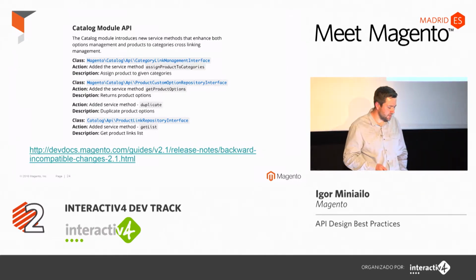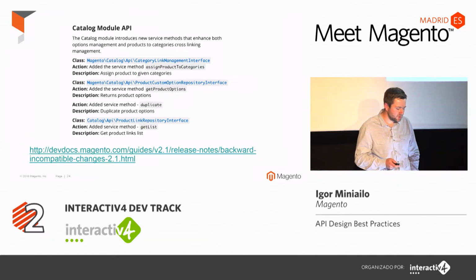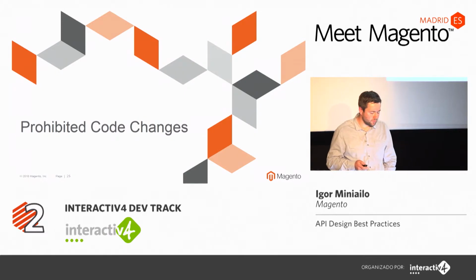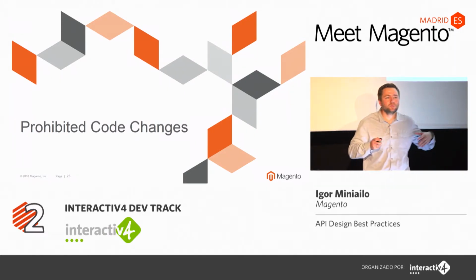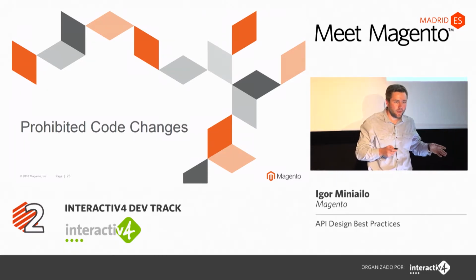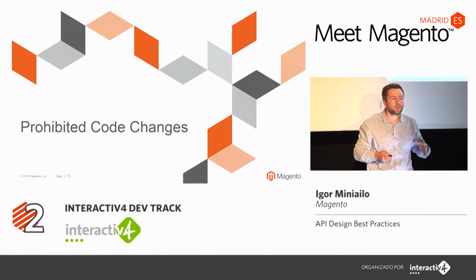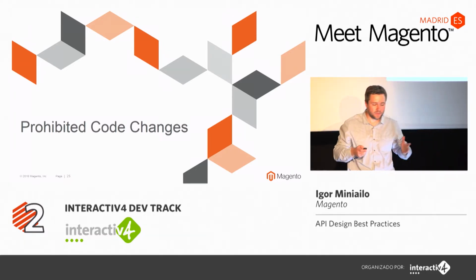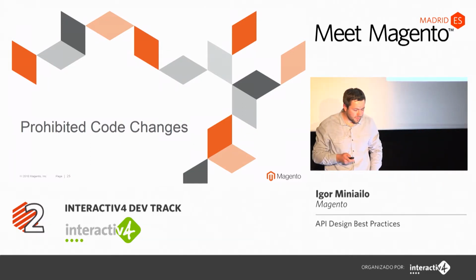Here you see, for example, the list of backward incompatible changes for the 2.1 Magento release, and we had the same for 2.2. Now I will show you the list of prohibited code changes we are not allowed to do. After that, I will show you the ideal design we are currently following and keeping, and you can see that design in the MSI project.